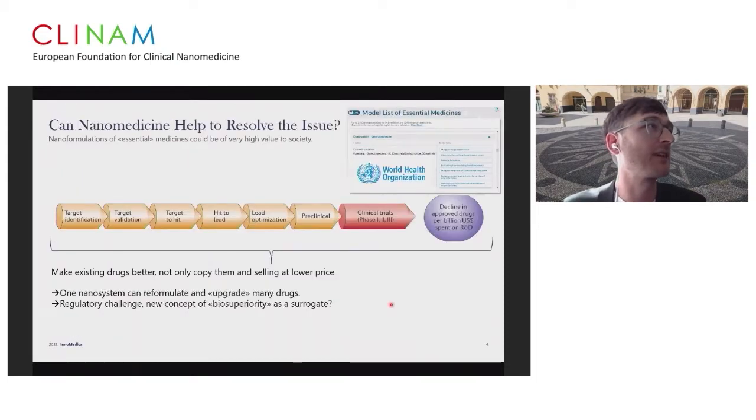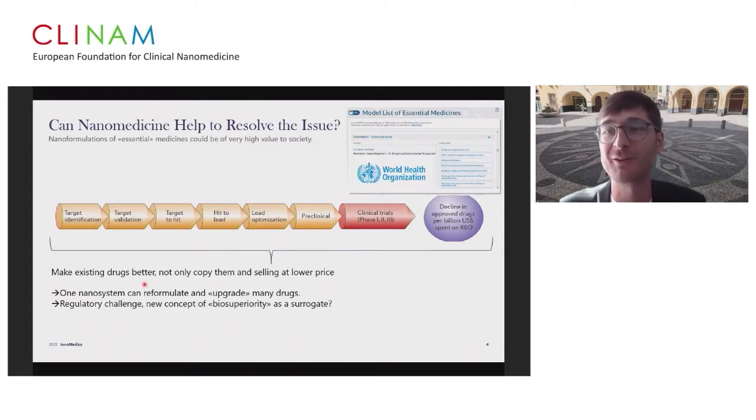And so I think, in brief, that nanomedicine can resolve at least part of it by taking medicines that are very well established, have a very good safety and efficacy profile themselves already. I, for example, like this World Health Organization's list of essential medicines, of which doxorubicin is part. And I think there is one issue in conception, that we don't really make existing drugs better.